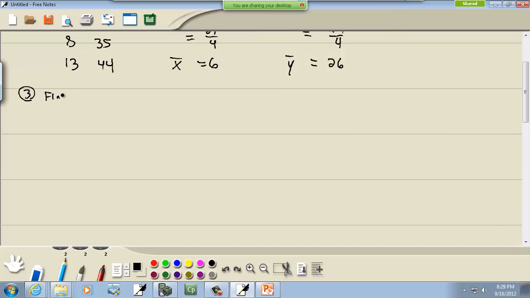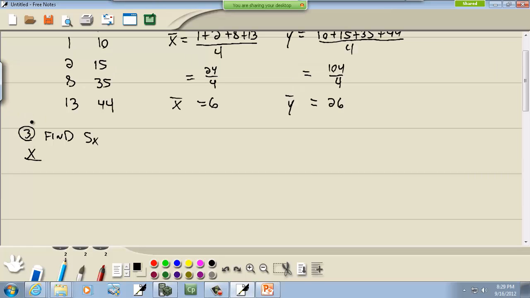Our third step. We're going to need to find s sub x. Let me scroll up to see my x values. That's 1, 2, 8, and 13. This would be x minus x bar.